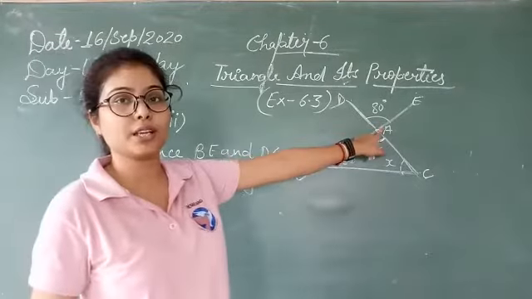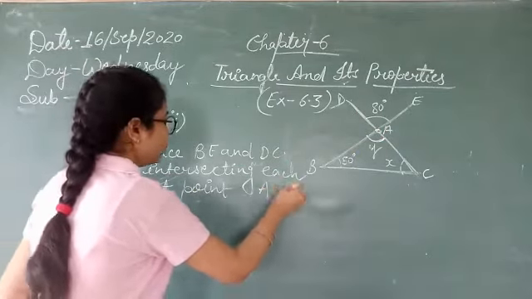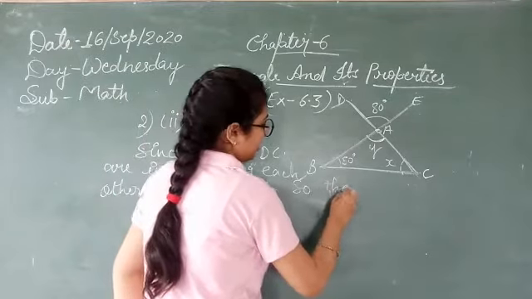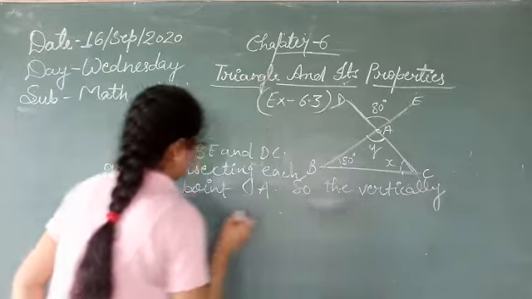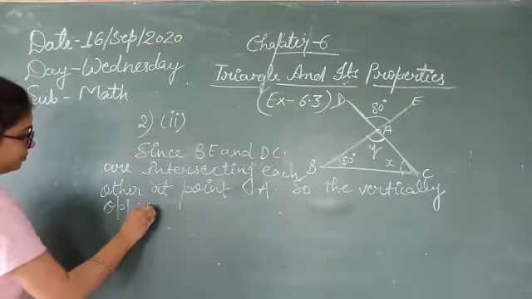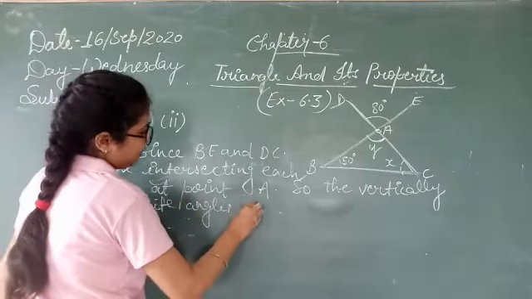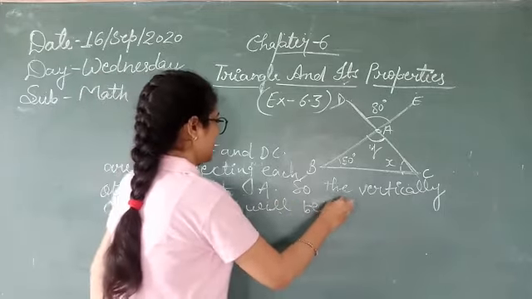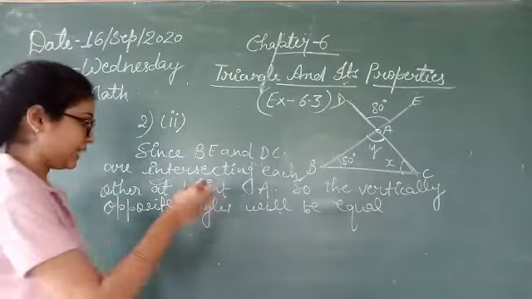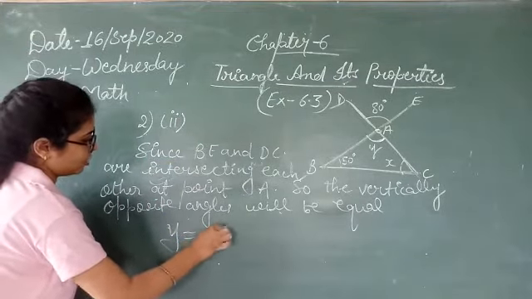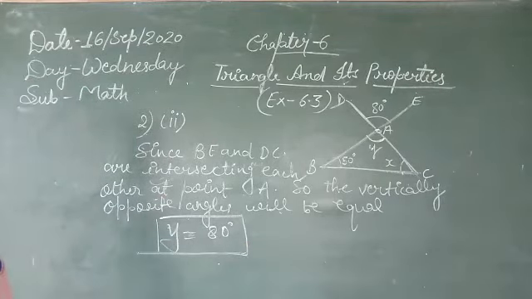You can see the point is A. So we will write at point A, their vertically opposite angles will be equal. Now you can write angle y is equal to 80 degree, or you can write y is equal to 80 degree. So one of the variables you got here: y is equal to 80 degree.